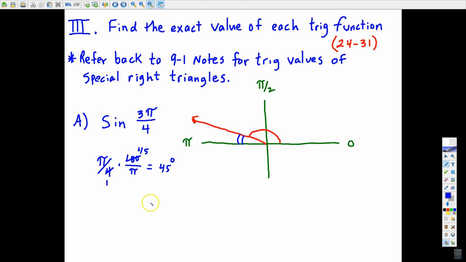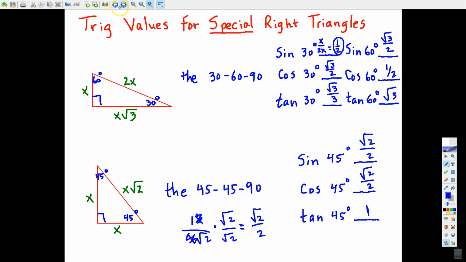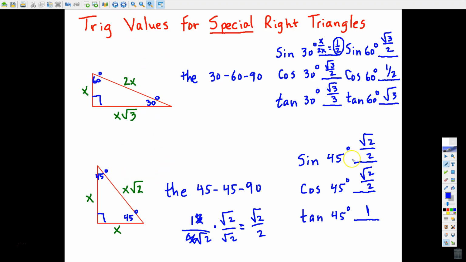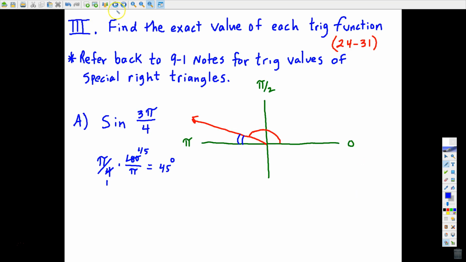Okay. Now we've got to be careful because notice what quadrant this terminal side is located in. So let's go to our special right triangle and look up sine 45 degrees. And we're told that that's square root of 2 over 2, based on the special right triangle that we looked at earlier.